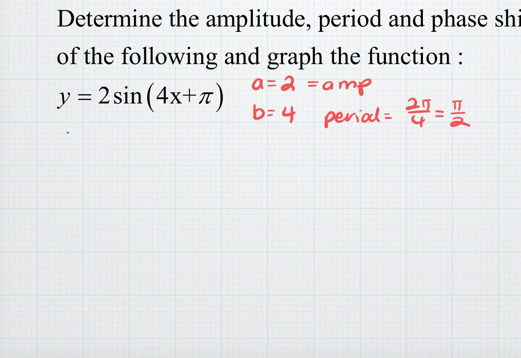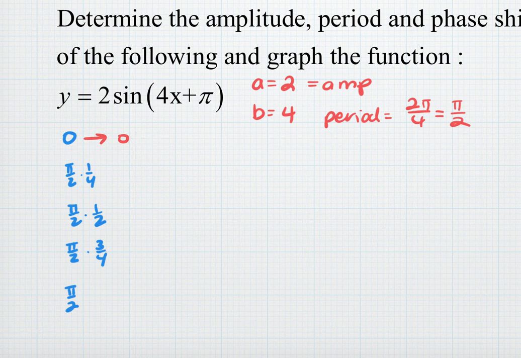Now I'm going to start at 0 and end at pi over 2. Then I'm going to take my pi over 2 and multiply it times 1/4, times 1/2, and times 3/4. I get 0, pi over 8, pi over 4, 3 pi over 8, and the last one at pi over 2.